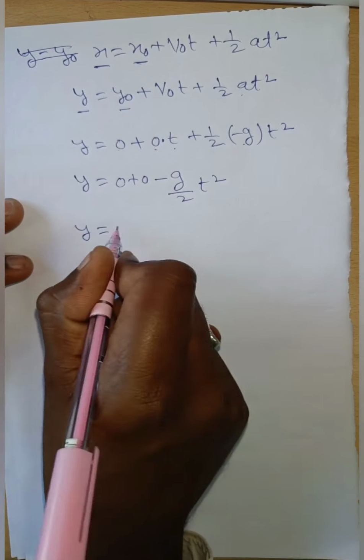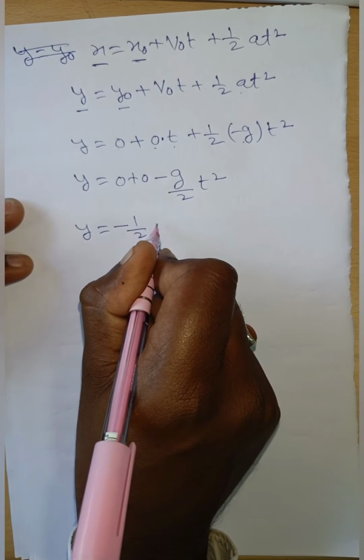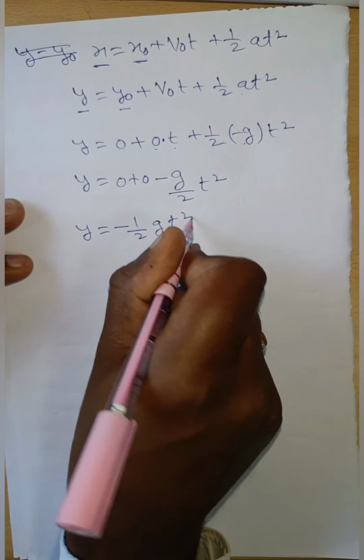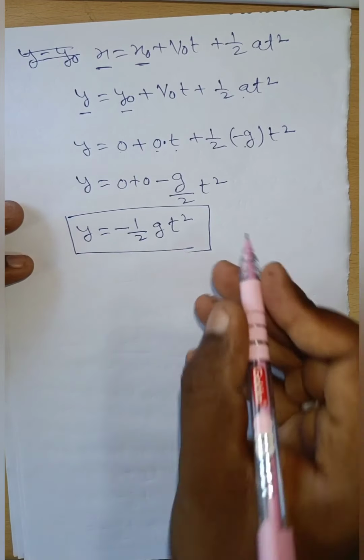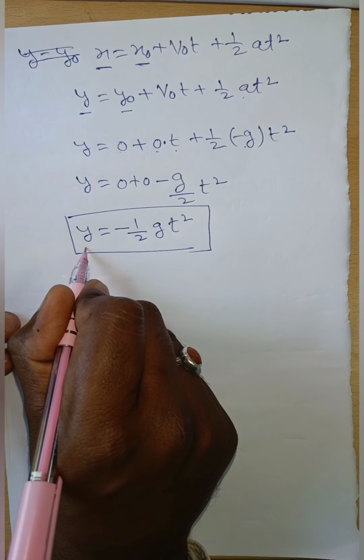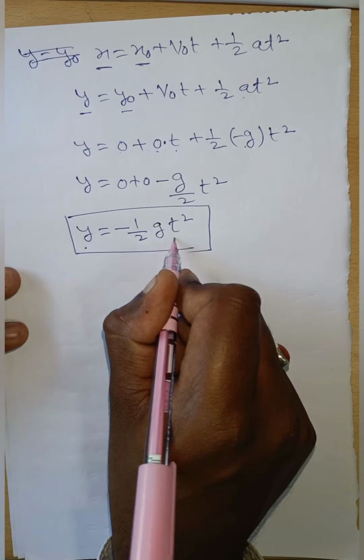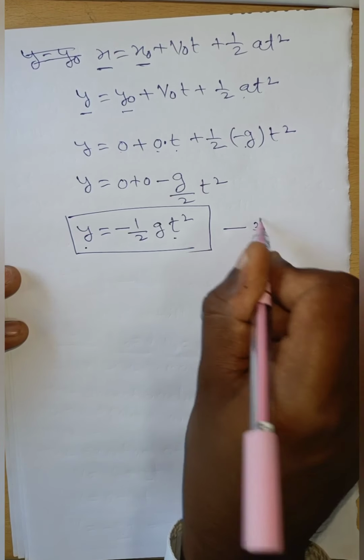Therefore y is equal to minus 1 by 2 into g into t square. This gives the relation between the y coordinate and time. Now this is equation 3.